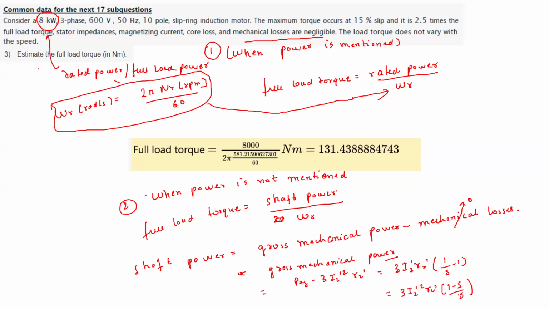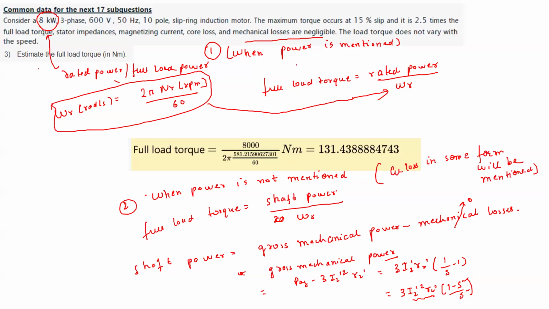So we know the slip at full load torque, but we don't know the copper loss, remember. So you will see that either of the two things will be given to you. Either this rated power, full load power will be mentioned, or copper loss in some form will be mentioned. So you have to understand which way you have to proceed.